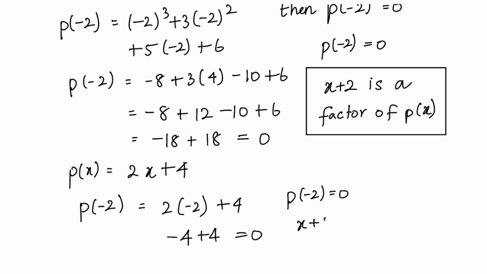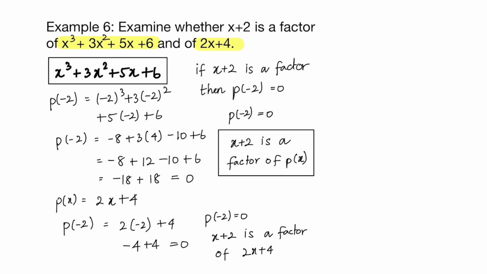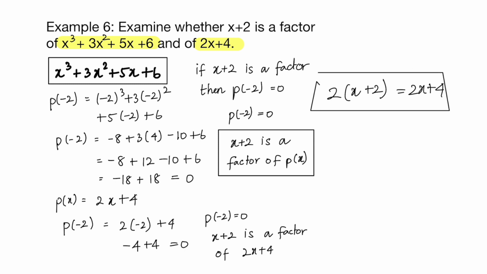So x plus 2 is also a factor of 2x plus 4, and if you observe, you can find this even without calculation, because 2 into x plus 2 is 2x plus 4, right? So it obviously is a factor. That is a no-brainer thing, but technically you can also do it this way.